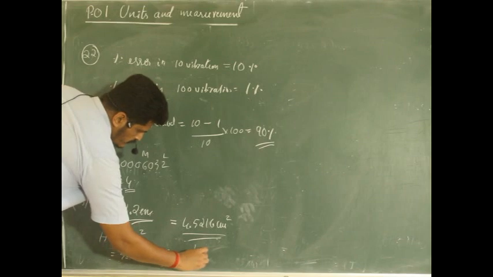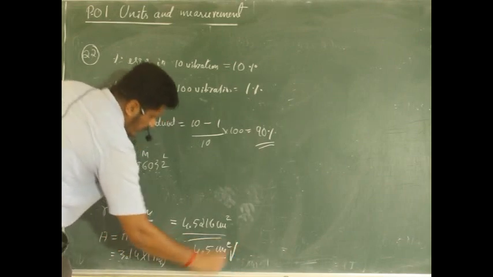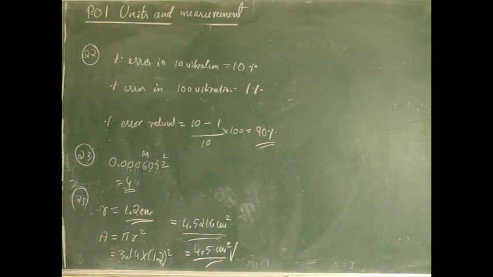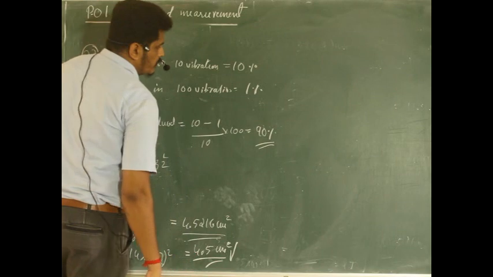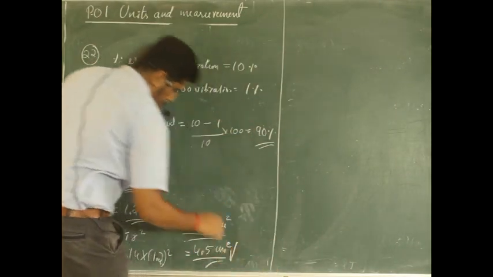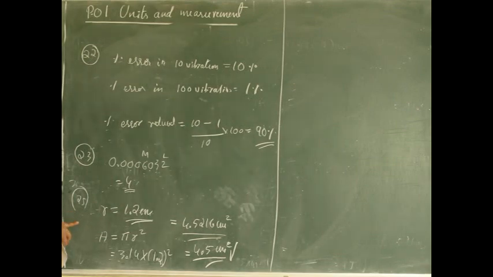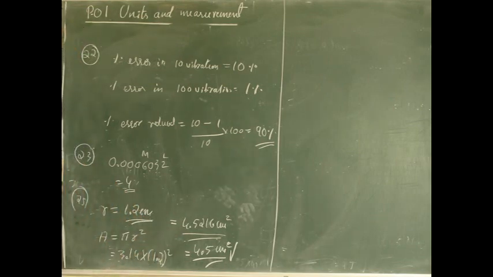No. So the answer is 4.5 centimeter square. It's a correct answer. Okay. So this is the actual normal calculation, and this is by taking the proper significant figures. So hope this is clear for you people. This is actually regarding calculating the final answer with proper significant figures for a multiplication operation.